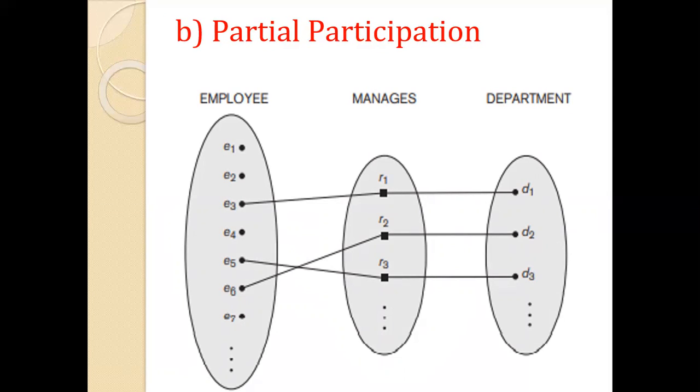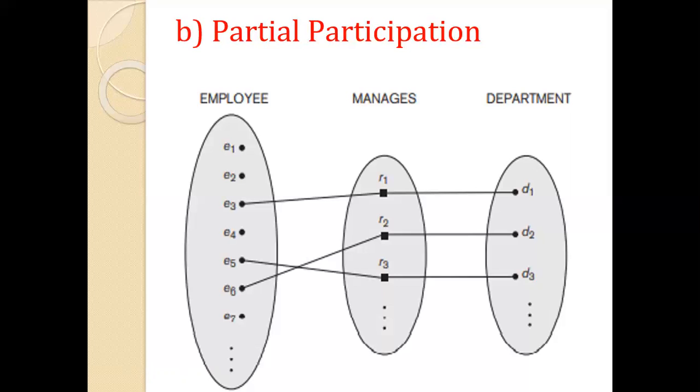If the minimum cardinality constraint value is 0, then the participation constraint indicates it is a partial participation. And if the minimum cardinality is 1, then it indicates the participation constraint is total participation.